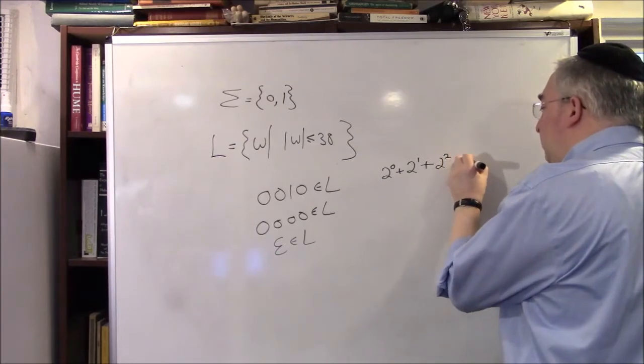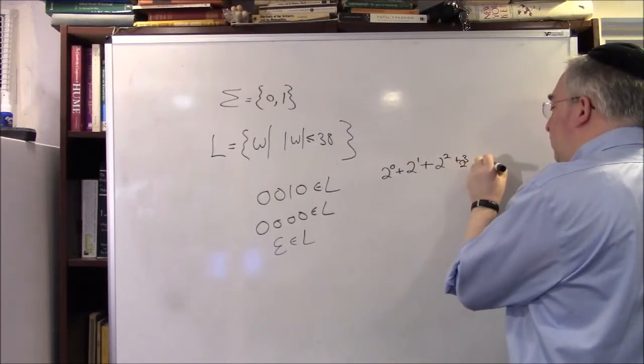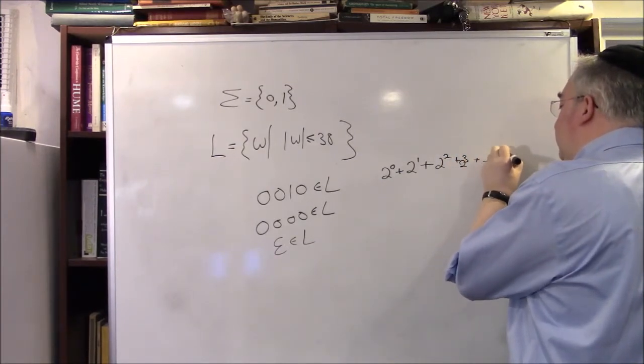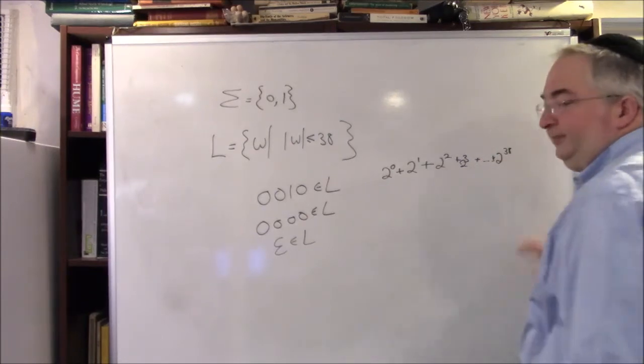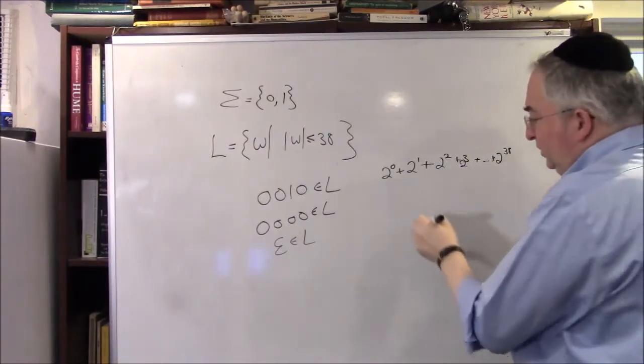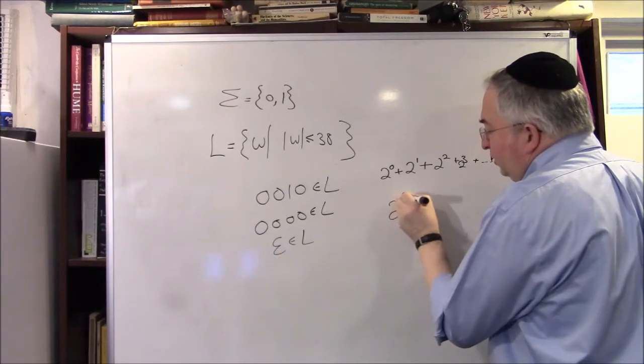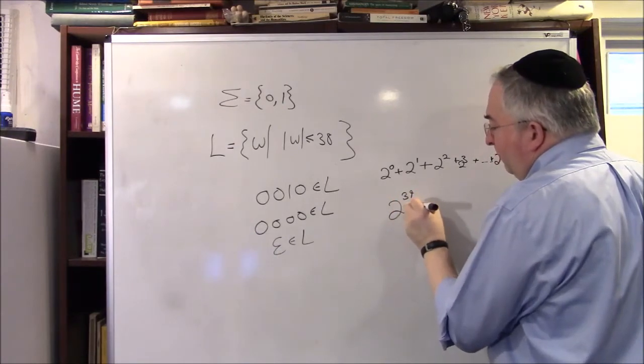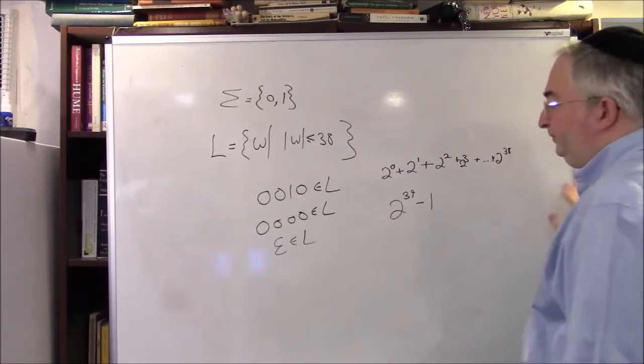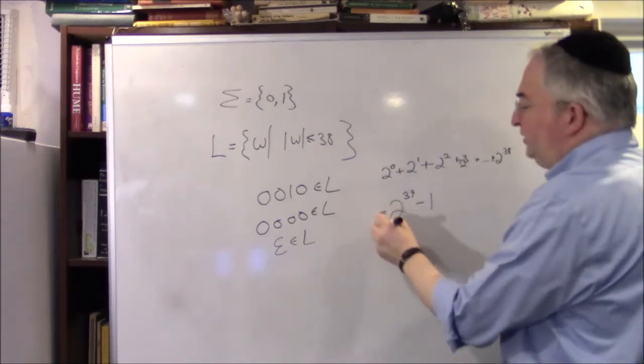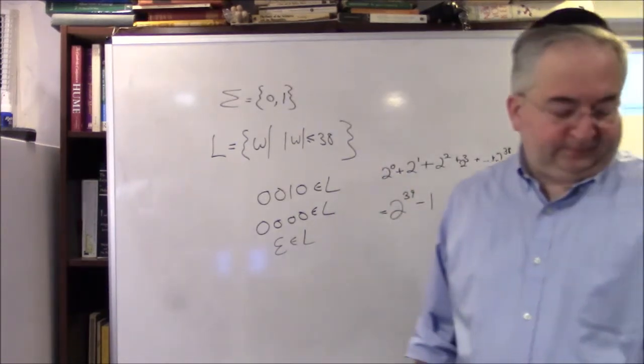Words of length 3, all the way to words of length 38. And how much is this? Turns out this is 2 to the 39 minus 1. So that's how big this language is.